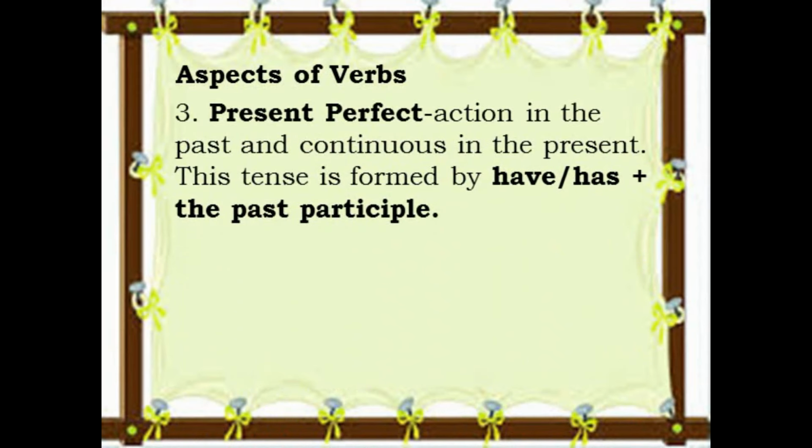Number 3, aspects of verbs. Present perfect. Action in the past and continuous in the present. This tense is formed by have or has plus the past participle.